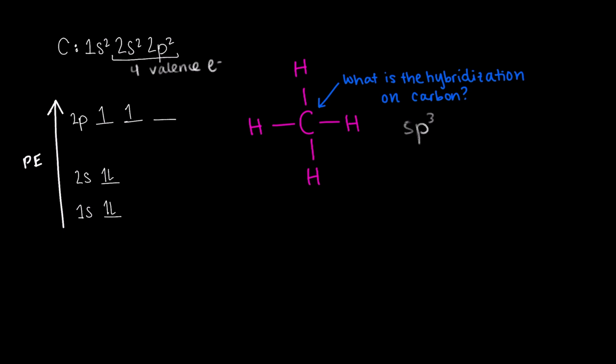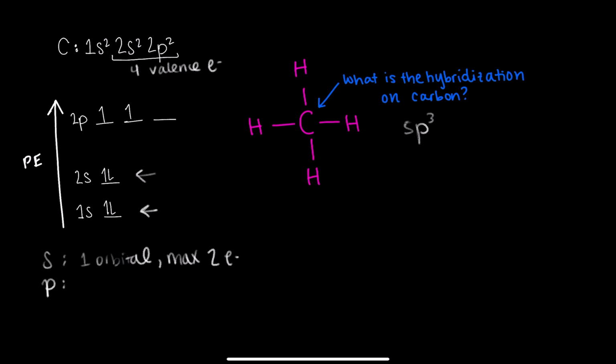The electrons are distributed as we have 2 in our 1s subshell and 2 in our 2s subshell. We know that the s subshell has 1 orbital, and it contains a max of 2 electrons, while the p subshell has 3 orbitals, max of 6 electrons, because each orbital can fit 2.